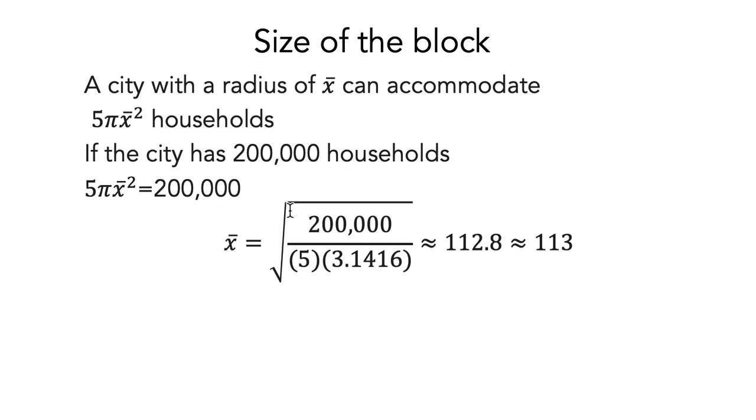From here, we solve for x bar, and we divide both sides by 5 pi, and then we get the square root, and we get 112.8. So this is very close to 113. We're going to suppose that we have a radius of 113. Anyway, we do need a radius of 113 because this is blocks. And if you have 112 blocks, you won't make it. So you need 113 blocks.